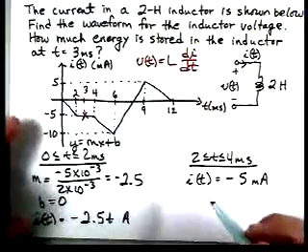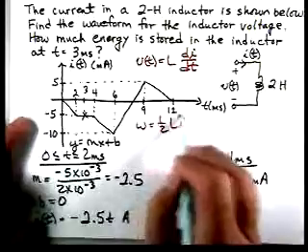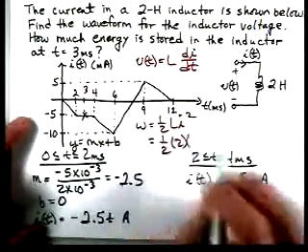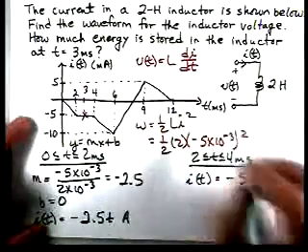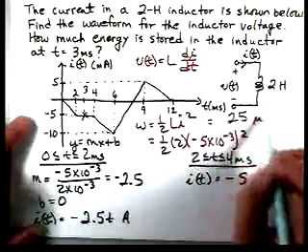The energy stored in an inductor is 1/2 L i squared. So we have 1/2 times 2 times minus 5 times 10 to the minus 3 squared. And that tells us that the energy is 25 microjoules.